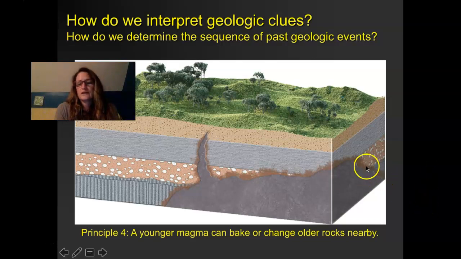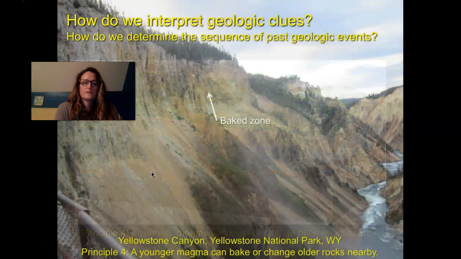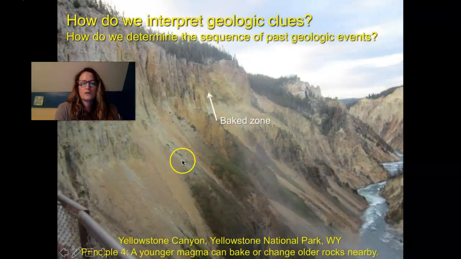So this fuzzy line in here is just showing that it's cooked the edges of the pre-existing rock. That's called contact metamorphism. In this image, there's some rocks here, and there's magma coming in, and there's a bit of a baked zone here in Yellowstone National Park. So it bakes the rocks at the edges.